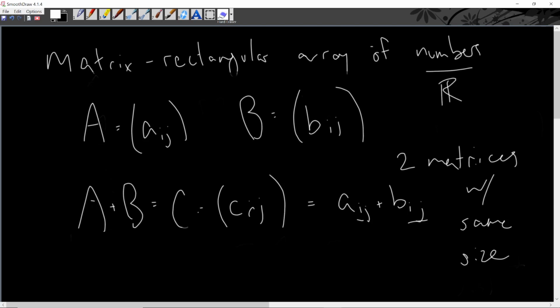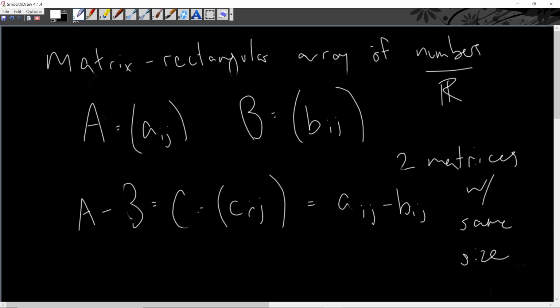Well, let's really quickly go over subtraction. We actually did a little bit of subtraction just a second ago. If A minus B equals C, then all the elements c_ij are going to be equal to a_ij minus b_ij. And we actually have to do subtraction to understand how matrices and vectors are connected.